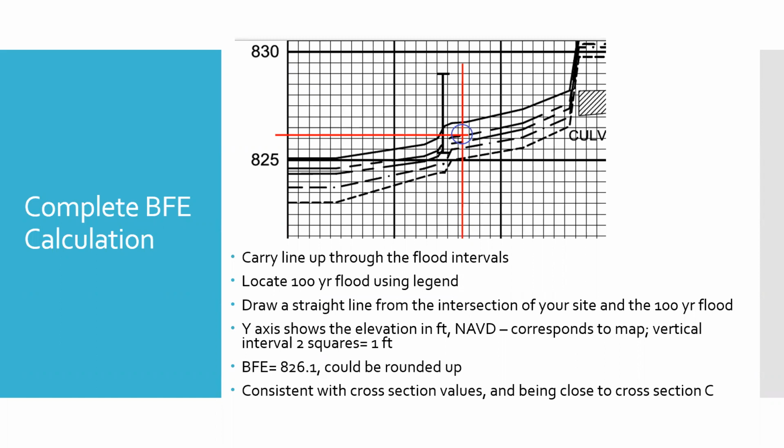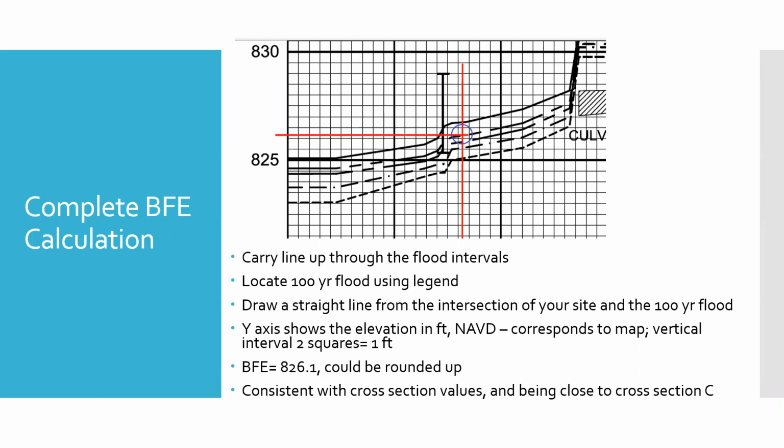And so again, it should be consistent with the cross-section values. If I got something outside of the range of B and C, then I have probably messed up somehow. And then I would need to go back and make sure to fix my mistake. I have done this before where I accidentally was looking at the wrong stream profile.